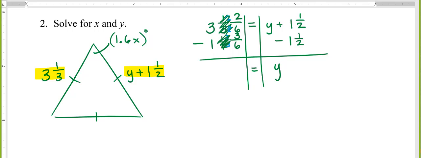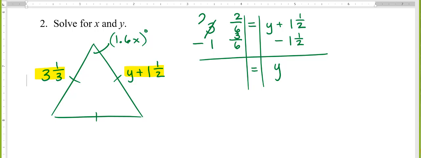Can I do 2/6 minus 3/6? Everybody with me to there? I can't do 2/6 minus 3/6. I need to go borrow 1 from the 3.